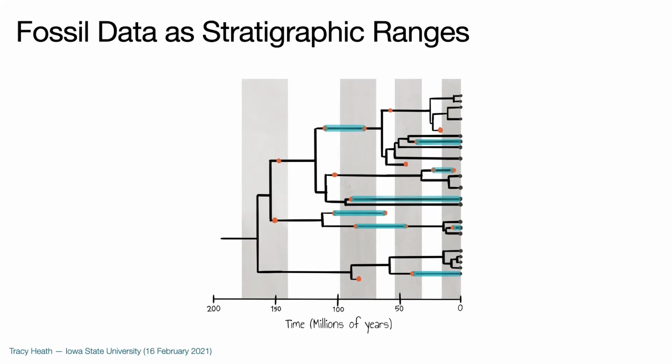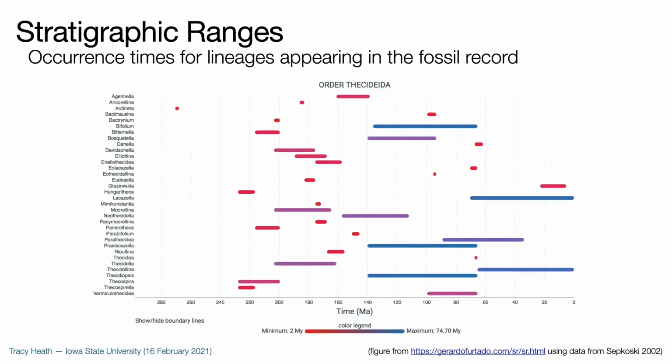So this figure shows these types of stratigraphic ranges for several genera in a clade of brachiopods, and a few of these genera are known from only a single specimen, whereas others are known to extend across multiple time points. And so paleobiologists have used data sets just like this for a long time to understand various patterns of diversification and preservation in the fossil record.